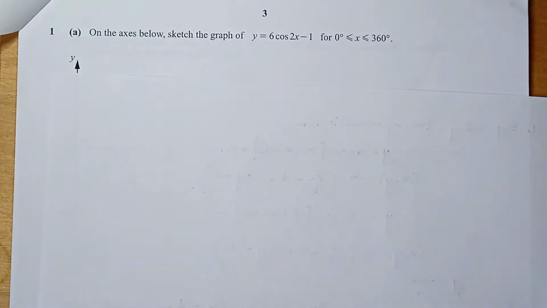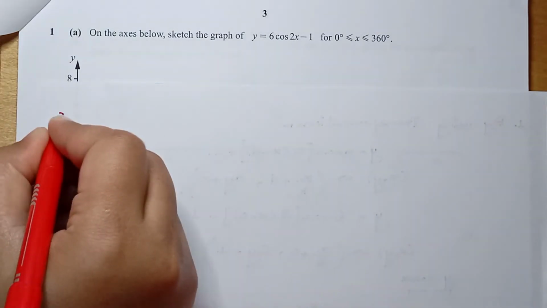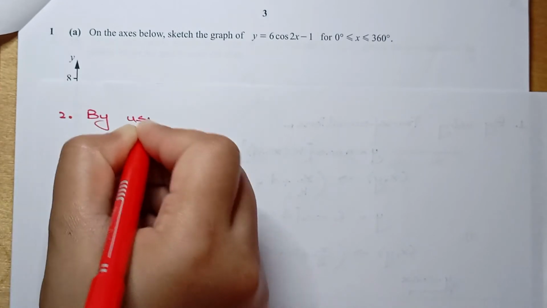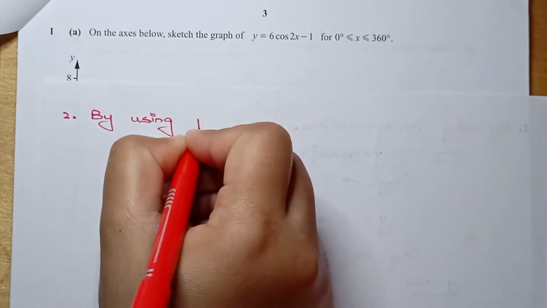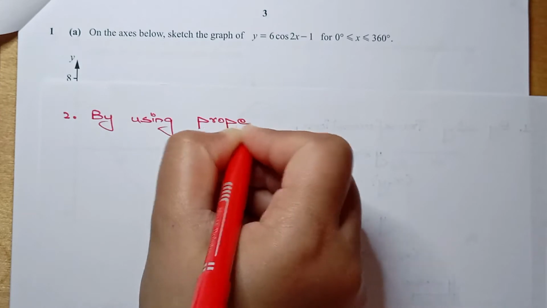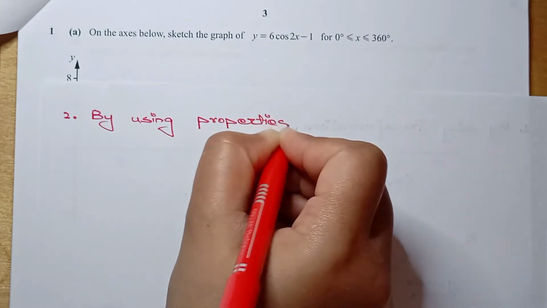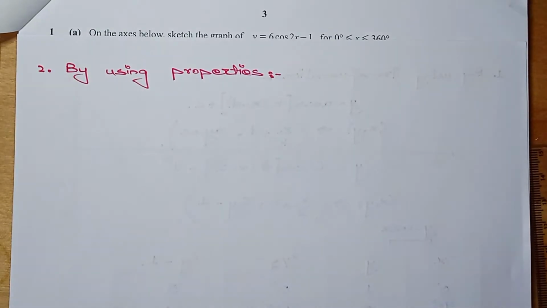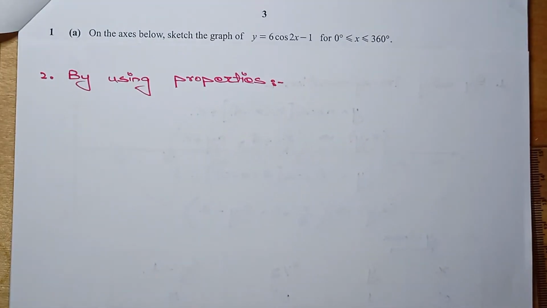So the second method to graph this function is by using properties. Okay, now what are the properties? Let me write down the given equation one more time.